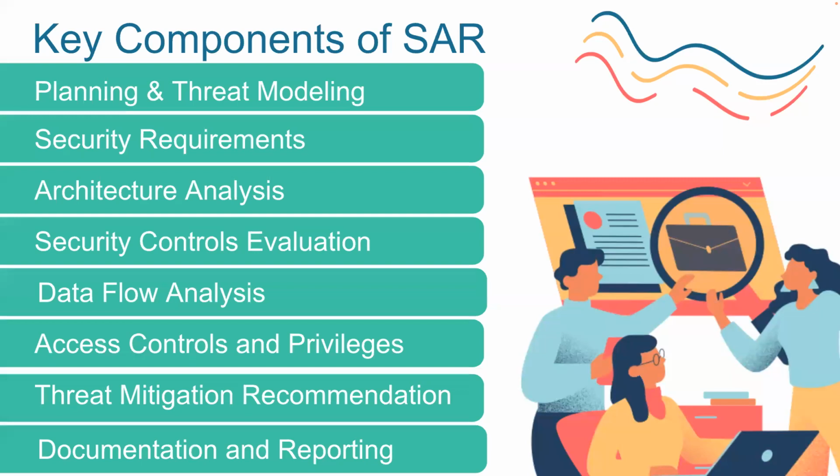The key components of the SAR, and these are all generic. Just keep in mind, it is not something that you need to follow exactly as I have mentioned in this slide. It may change from person to person and application to application, but these are standards.